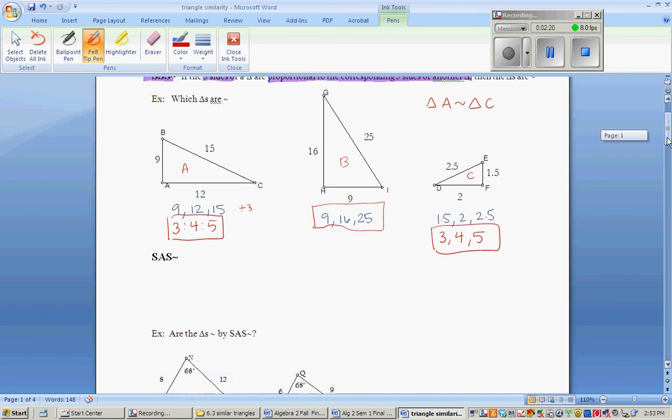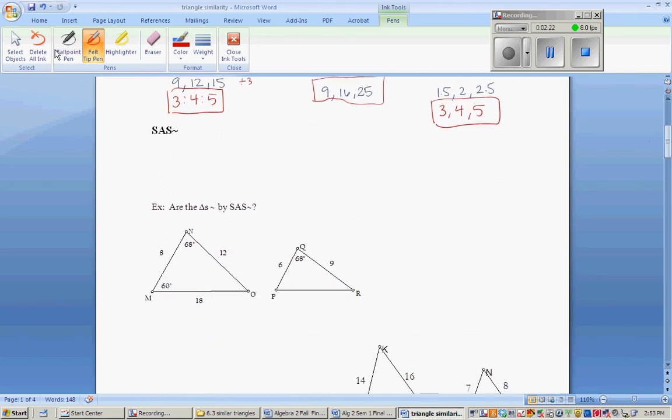The sneaky one is SAS similarity. And that's going to be the same thing almost as the congruence as far as how we write it.